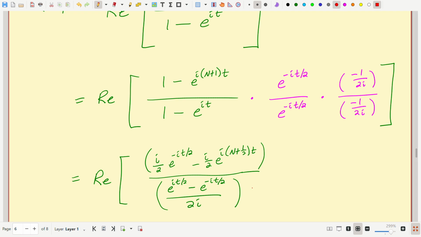Okay, and the exciting thing here is that this thing on the bottom is sine t over 2.